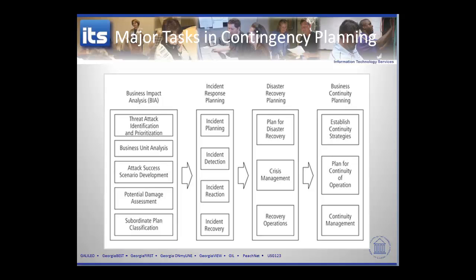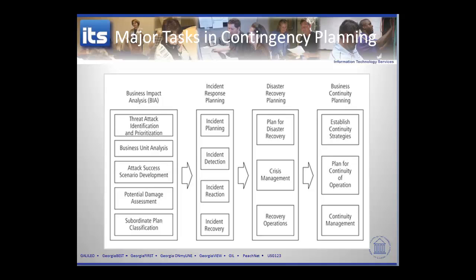So this short video has looked at the business impact analysis. It's identified its role in contingency planning. It's also identified, and I've discussed, the 5 stages associated in doing a business impact analysis. That threat, attack identification and prioritization, business unit analysis that kind of builds the situation for you, an attack success scenario development.